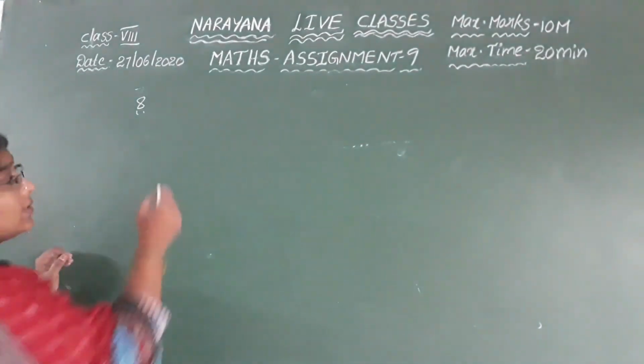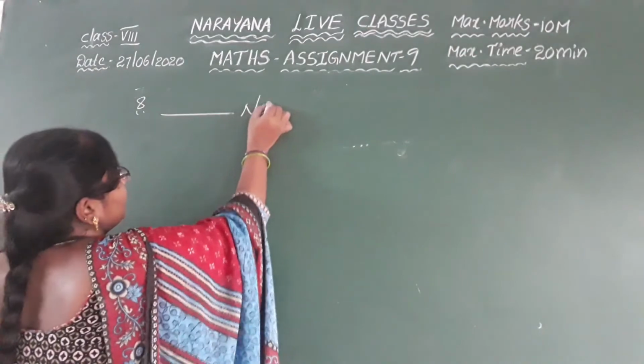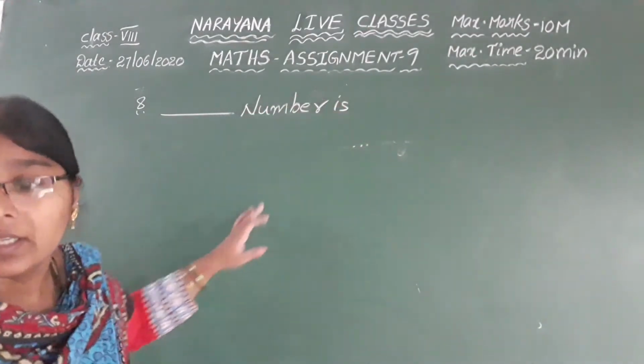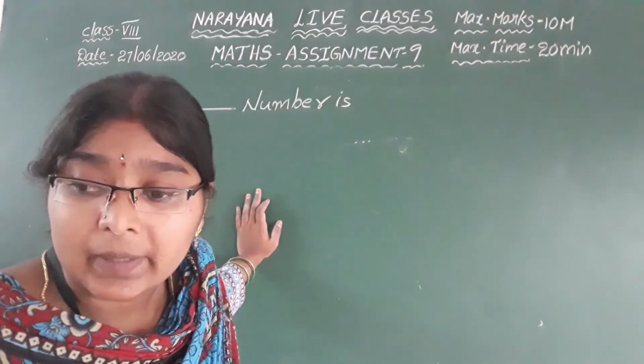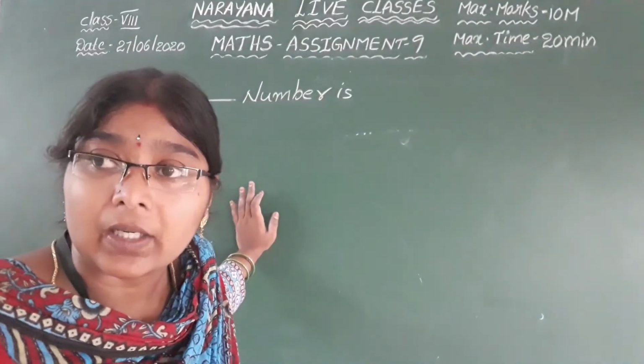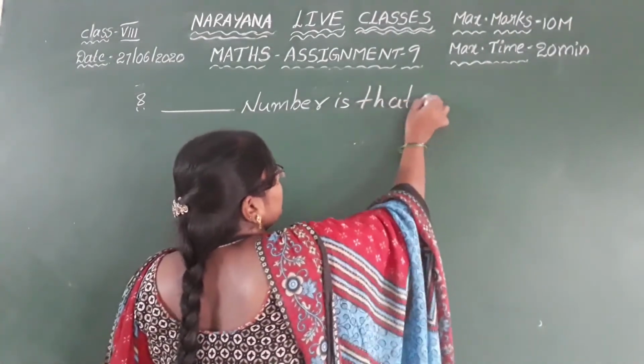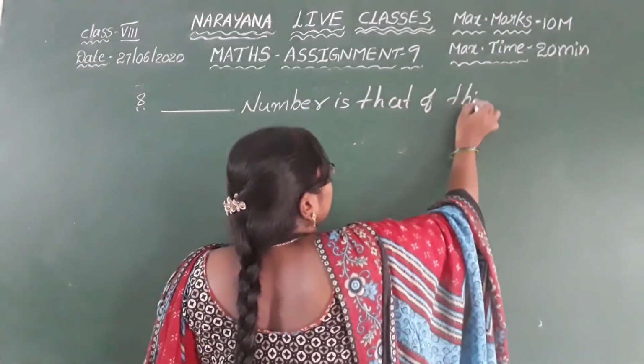Dash number is that of which the third part exceeds the fifth part by 4.